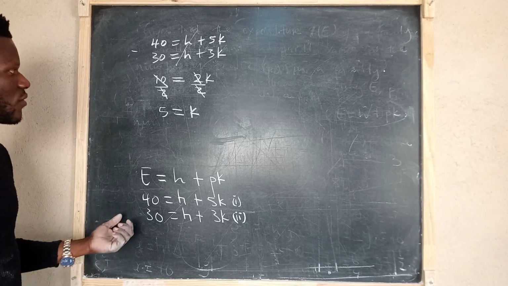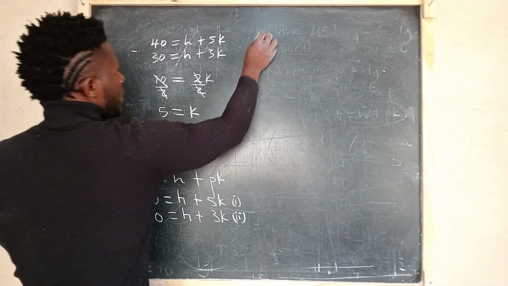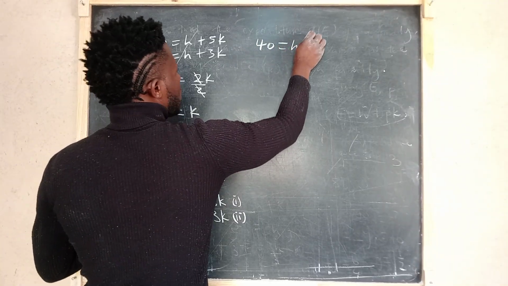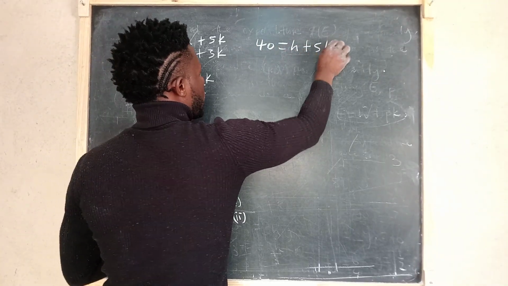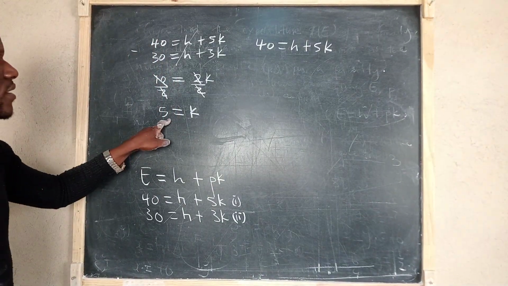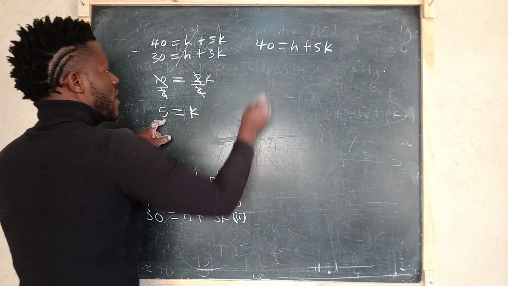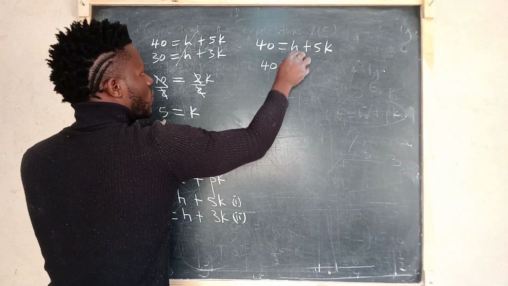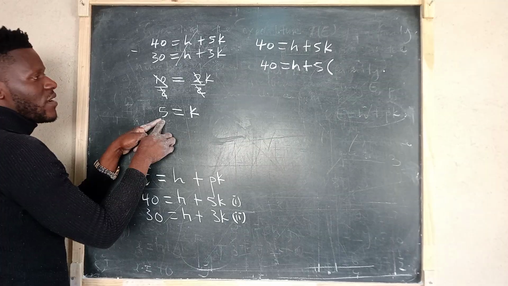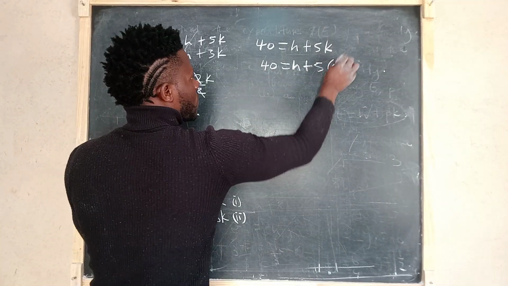And we need the value of H. You take any one of the equations. For instance, equation 1, 40 is equal to H plus 5K. In place of K, now we substitute 5. That is 40 is equal to H plus 5 times 5. Now the value of K is known, is 5.